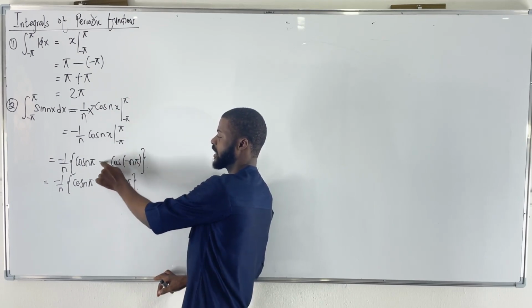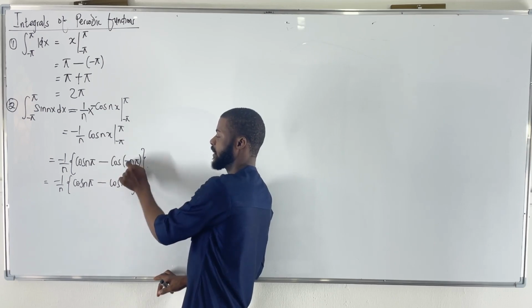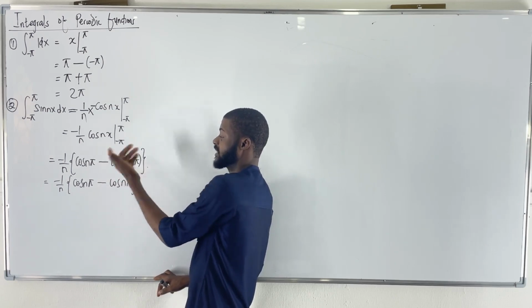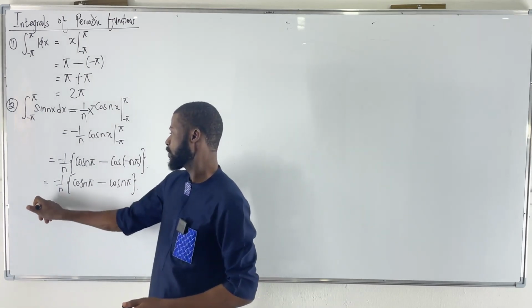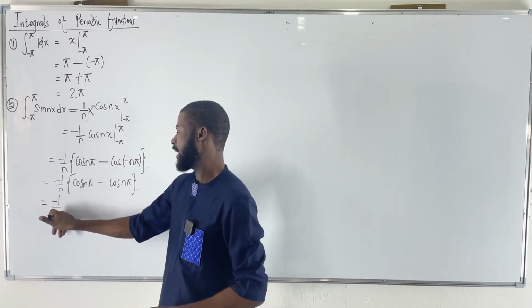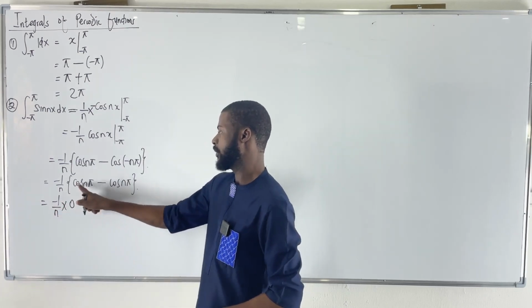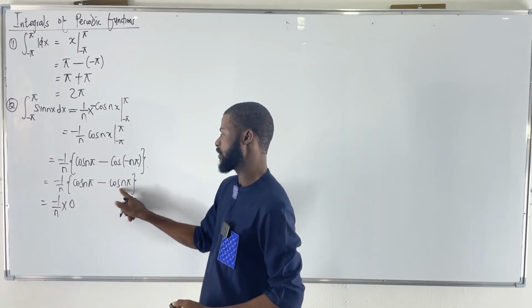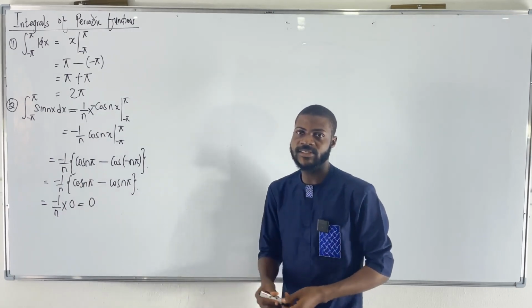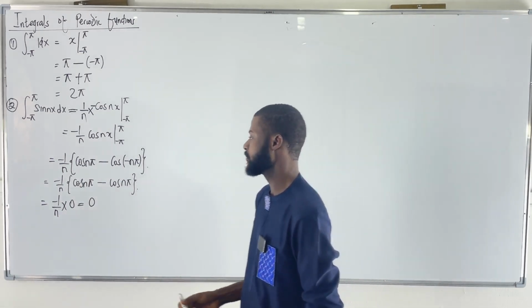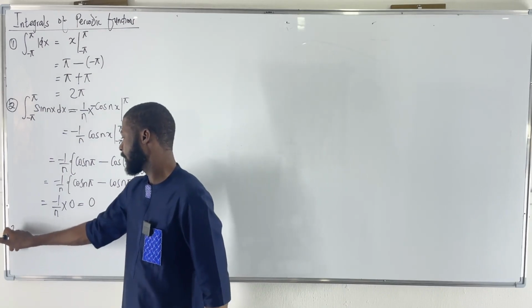That is why you notice that the minus here still remained, then this minus disappeared, because cosine is even. So this is minus 1 over n times 0, because cos n pi minus cos n pi is 0. So everything here is just 0, and it's gone.